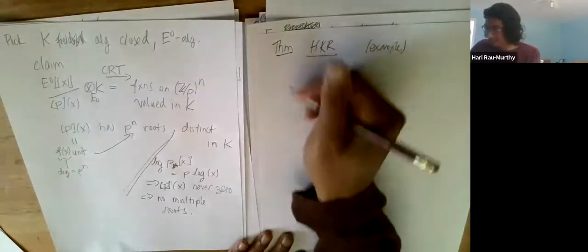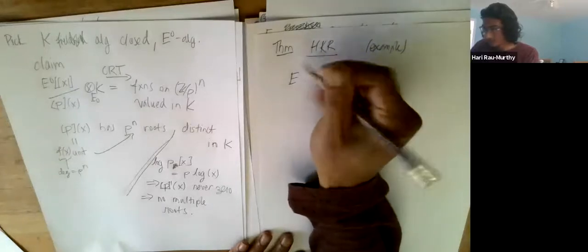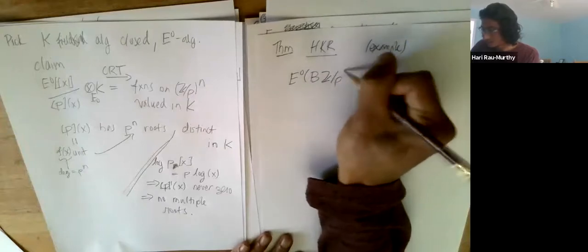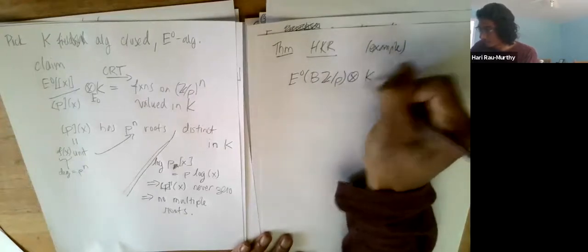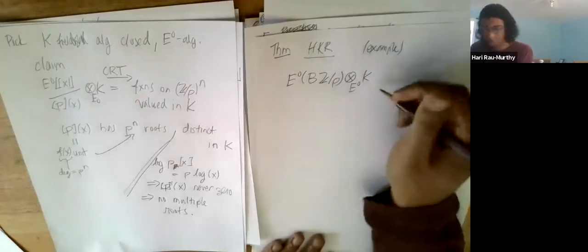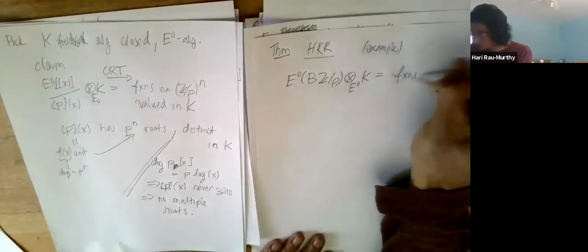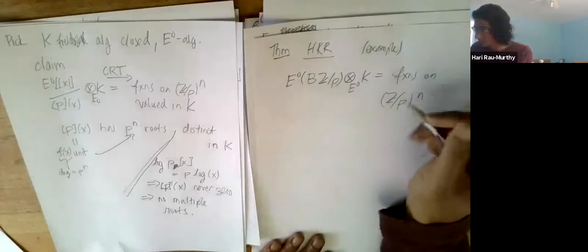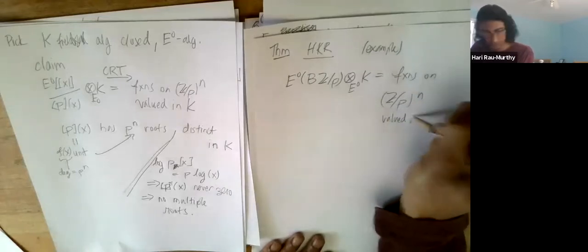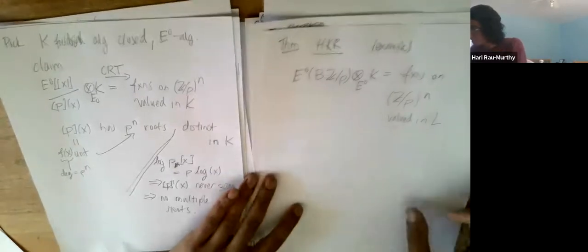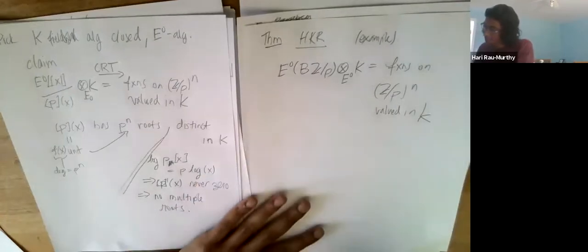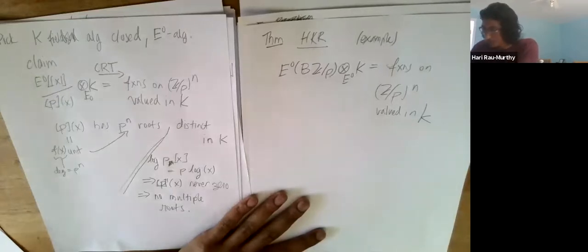We just proved that E naught of BZ mod P tensor K is equal to functions on Z mod P to the N valued in K. When K is an algebraically closed field, that's an algebra.